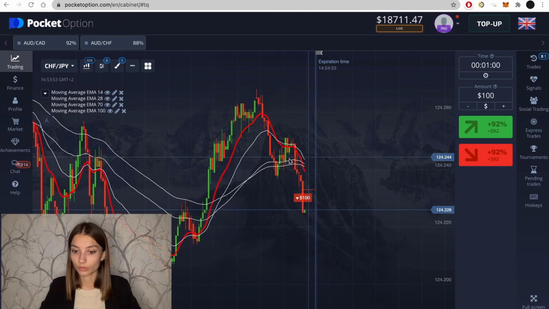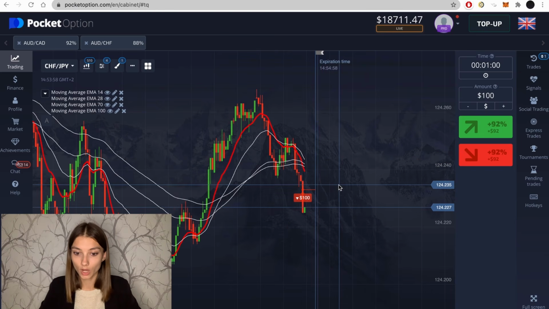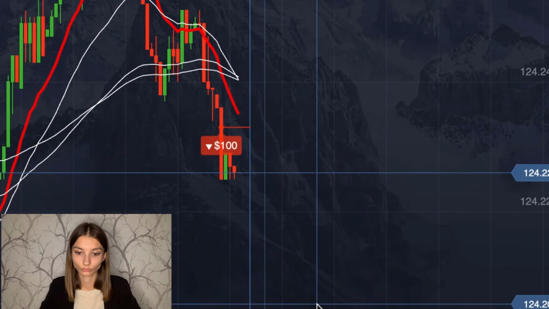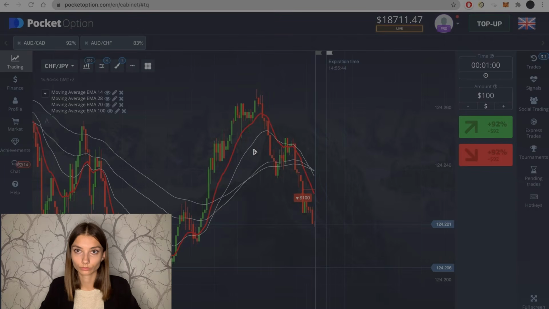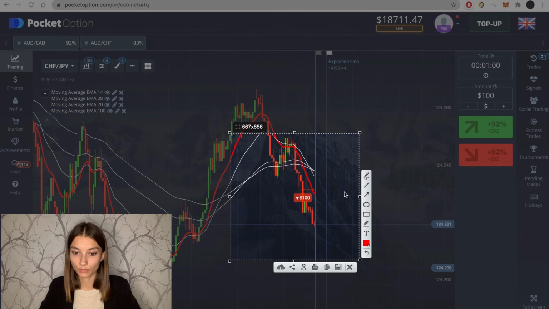Here I saw that we could close the deal very well, so without waiting for the touch, I open another deal for downgrade. Let's see how it ends. And as we see, the deal closes in plus.